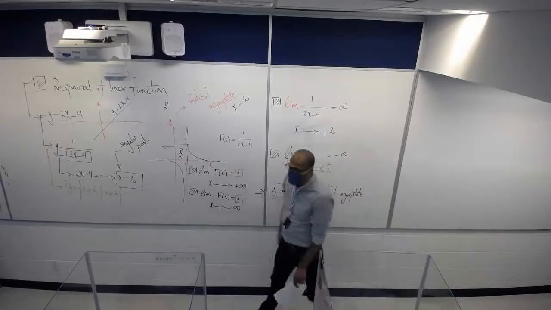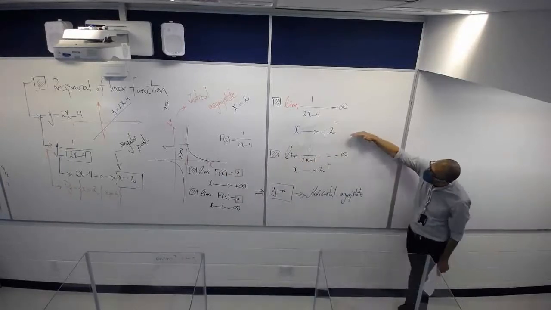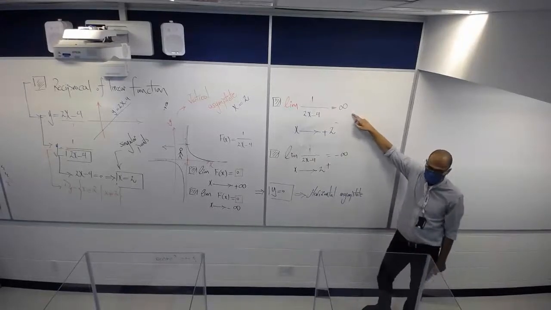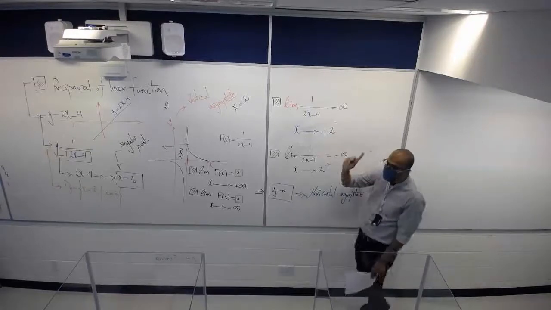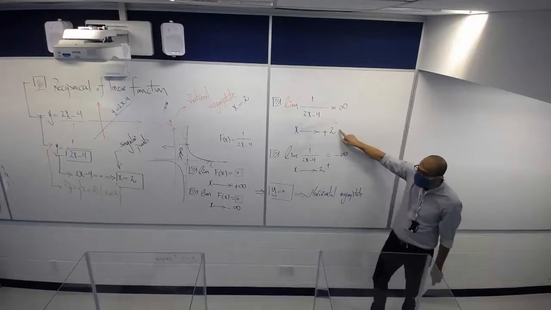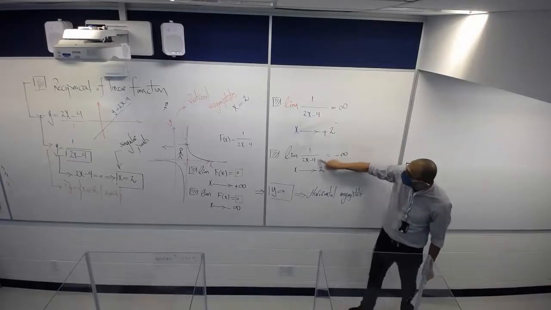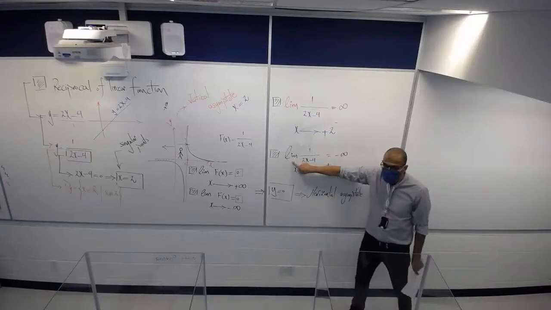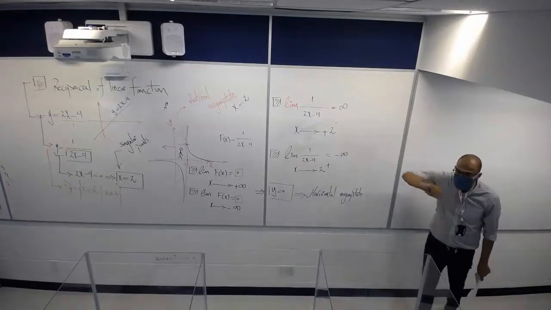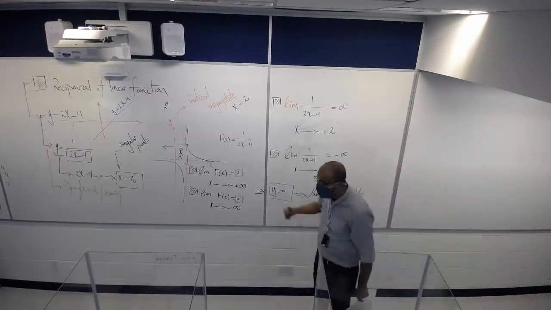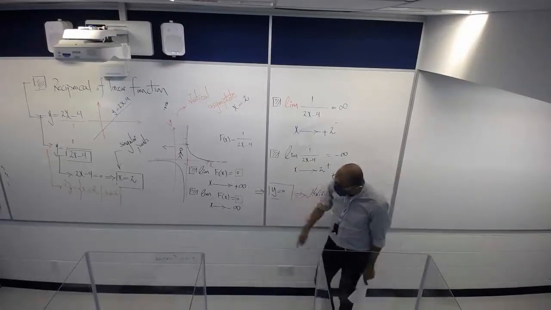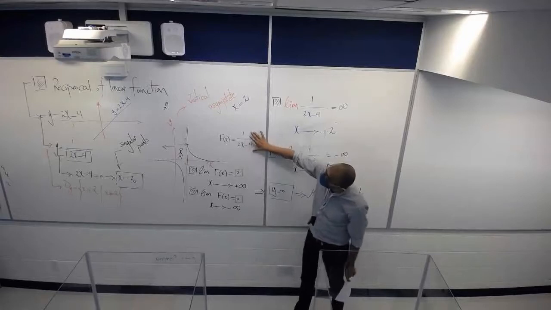The third thing was that in order to show the vertical asymptote, we have to satisfy these conditions. If x equal to 2 is your vertical asymptote, the left and right behavior of the function, which you show by limit, should always go to infinity. If it doesn't go to infinity, it's not the vertical asymptote. The last thing we talked about was the horizontal asymptote.